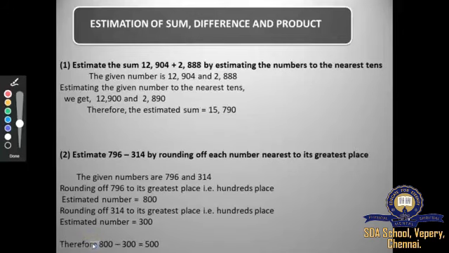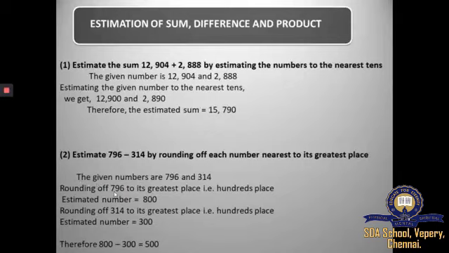The given numbers are 796 and 314. Rounding off 796 to its greatest place, what is the greatest place? Ones, tens and hundreds, so the hundreds place is the greatest place. When you round off, you have to see the digit in the tens place.